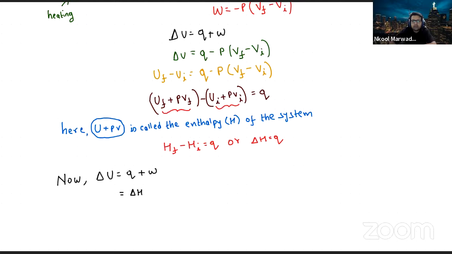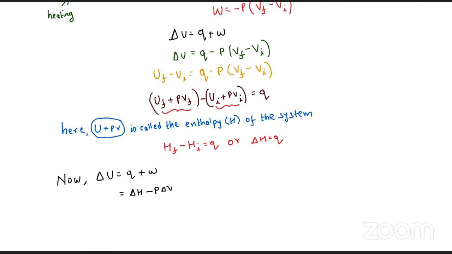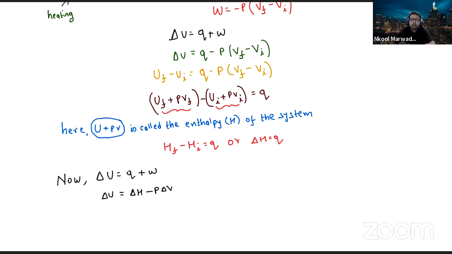Because work is done by the system in our example. This is one more form of the first law of thermodynamics involving change in enthalpy and change in volume.